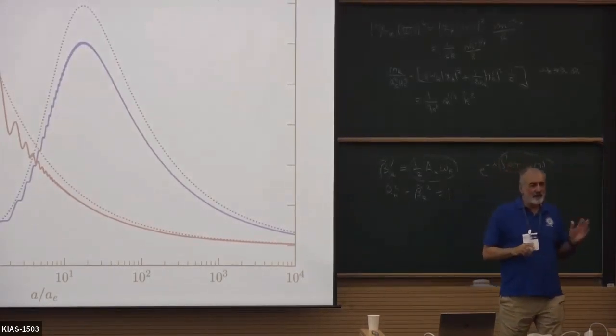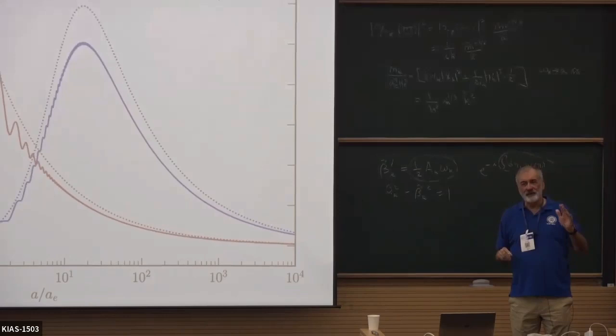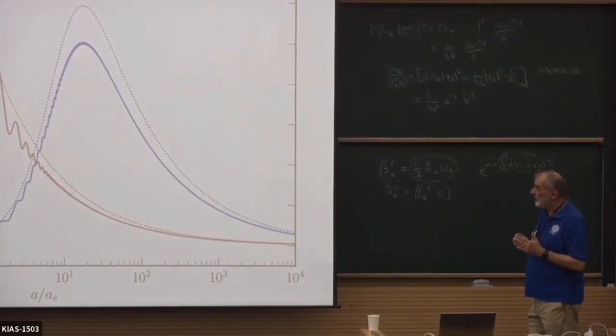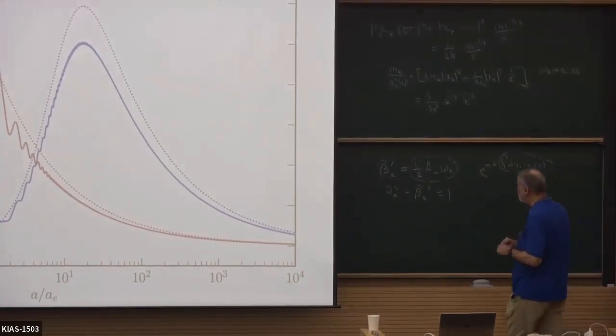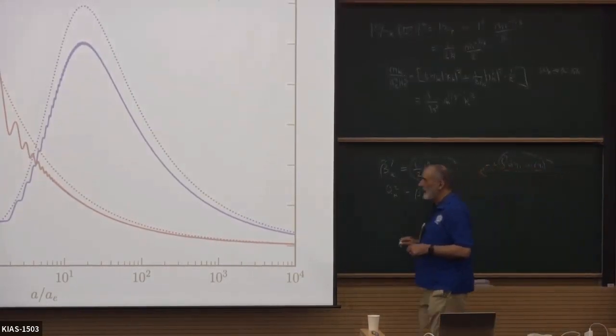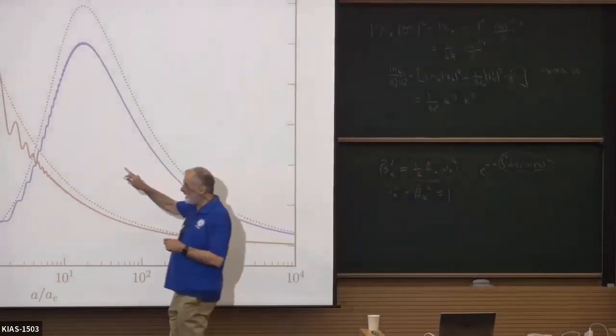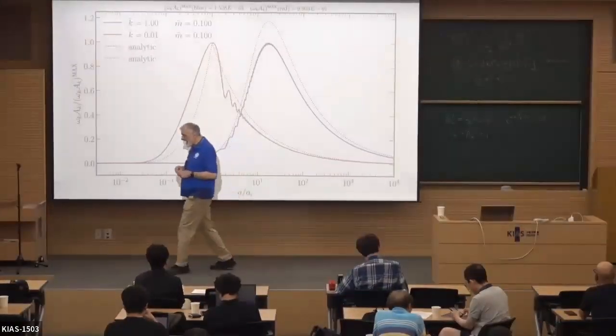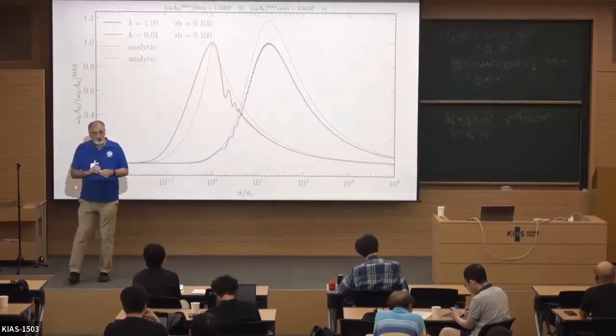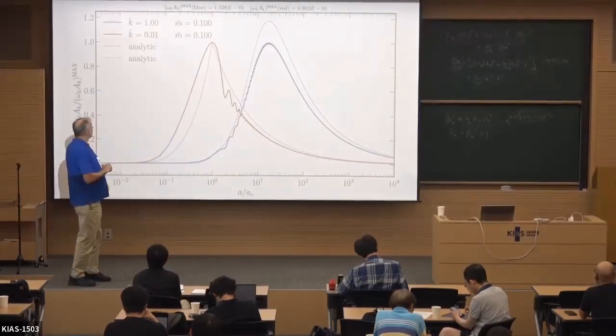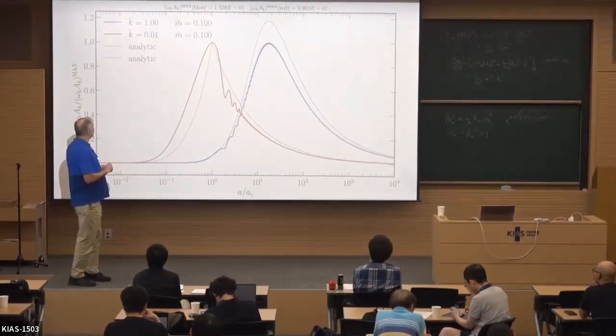So the Fourier transform is going to be sensitive to abrupt changes in omega times a. And you see there are abrupt changes in omega times a if m is larger than k.